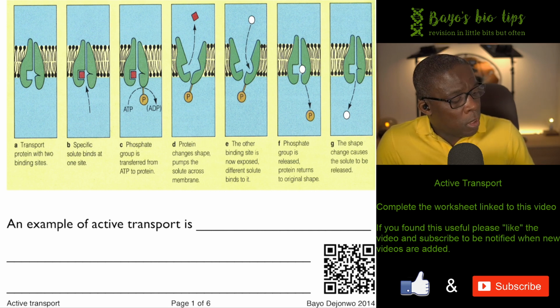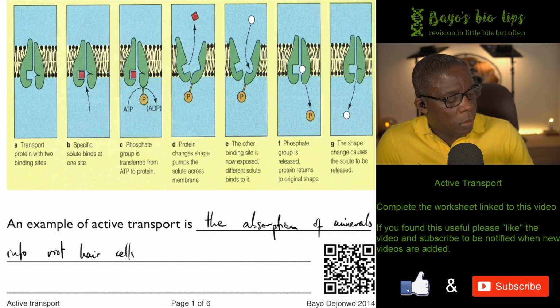So there are lots of examples of active transport in living organisms. I'll give you one of them. An example of active transport is the absorption of minerals into root hair cells in the soil in order to use them and to decrease the water potential.